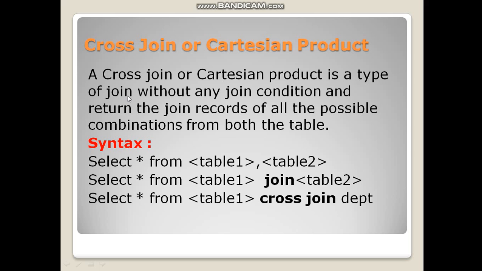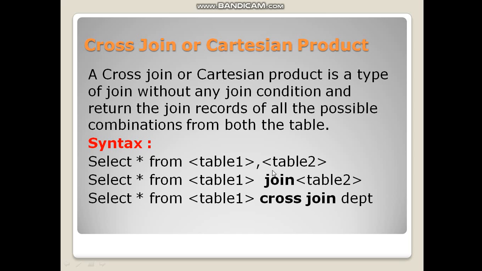What it will do is give you all the possible combinations of all the rows from the first table and all the rows from the second table, including the duplicate values also. The same thing you can write using the join clause: select star from table 1 join table 2. If you simply write join without any condition, it is the same as the partition product.